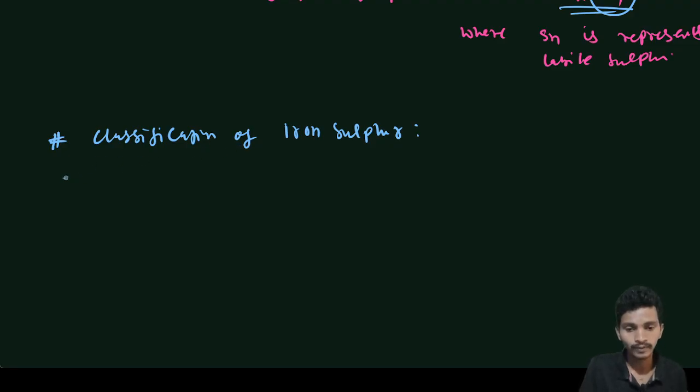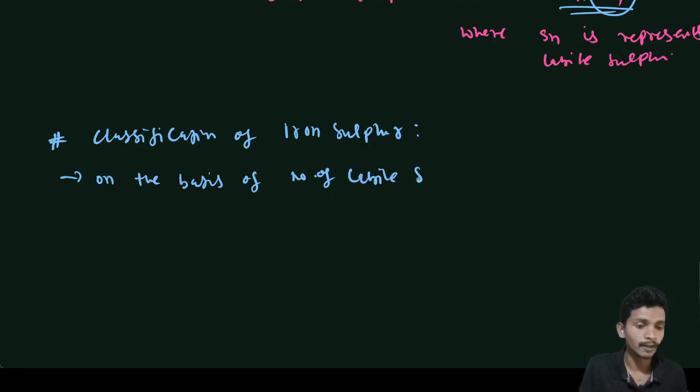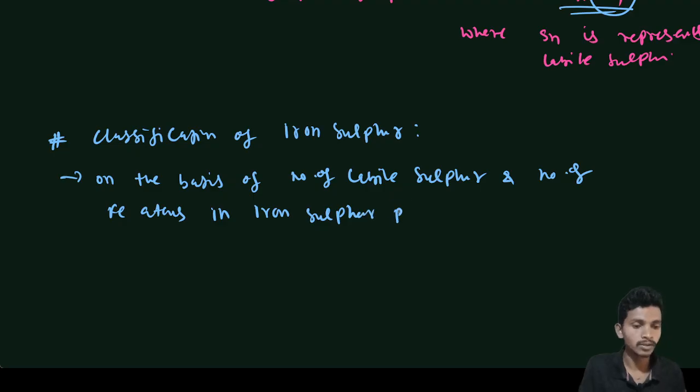On the basis of the number of labile sulfurs and the number of Fe atoms in iron sulfur proteins, they can be of two types.